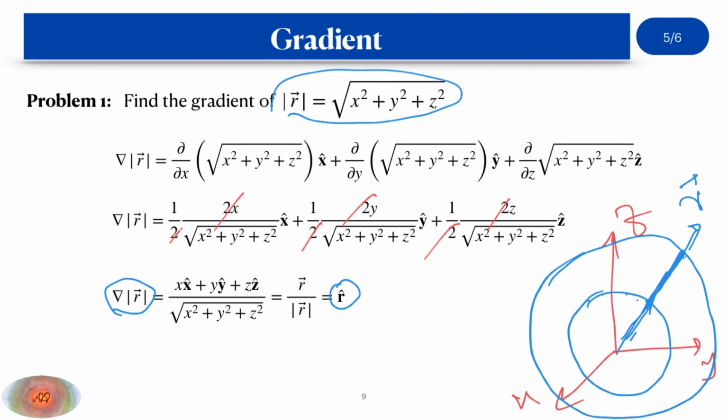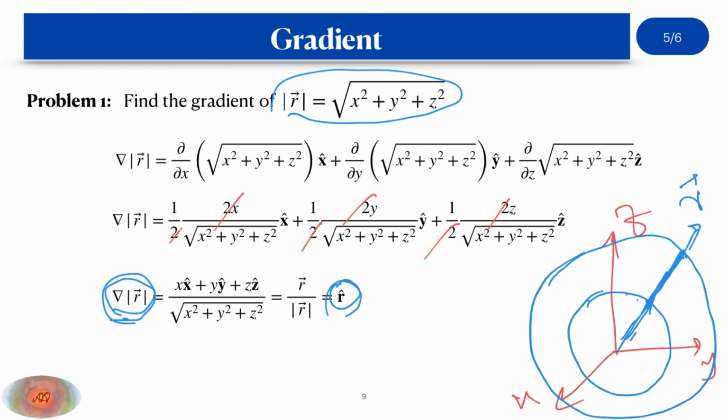Similarly, for any other point on the outer surface of the sphere. So as you know, the gradient represents the direction along which the maximum rate of change takes place. In this case the maximum change takes place along the radial direction.